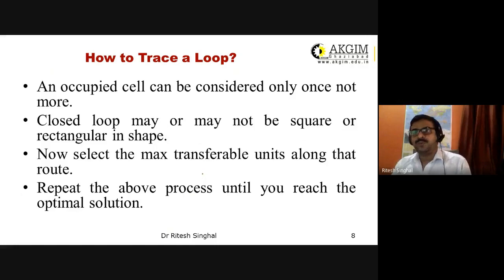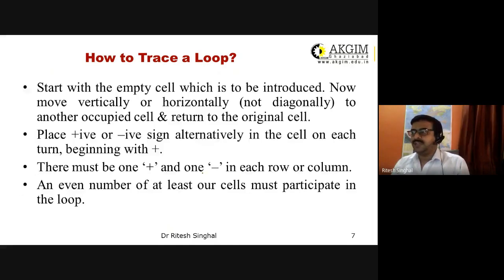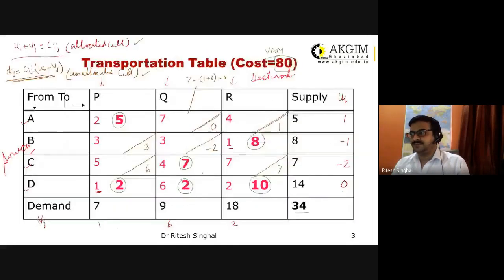Along this loop tracing, we have to transfer the units and get the best solution. Since we have 34 units in our hand and that is already allocated, we cannot add more units here. So we adjust the existing solution, the already given distribution, to get the modified distribution. That is the name of this method also.